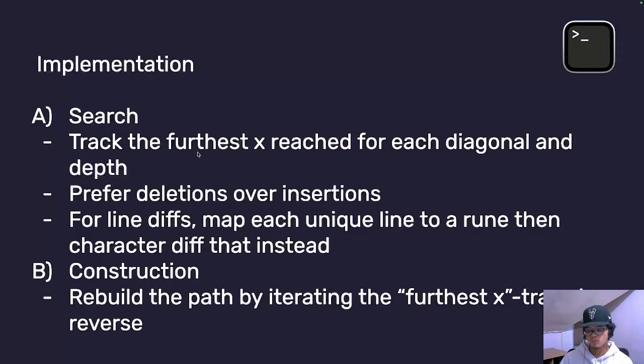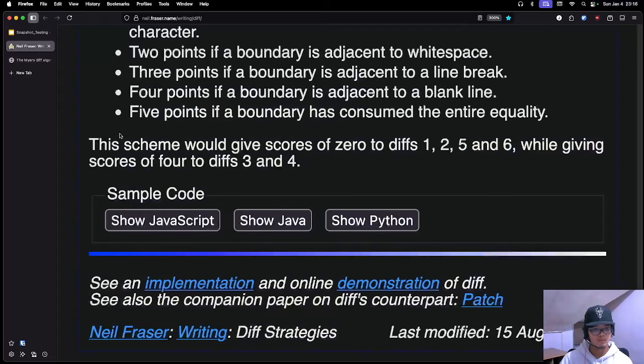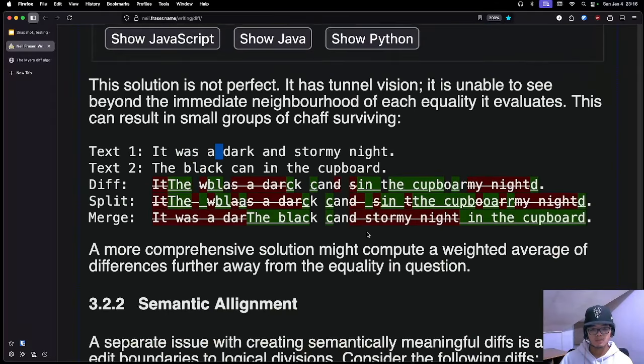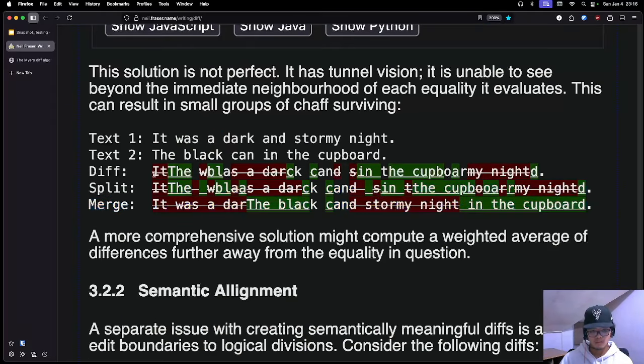Bring it back to the blog that I showed earlier by Neil Fraser, where you have 3 diffs that lead to the same final string, but one is much more readable than the other because the deletions and insertions are grouped together.